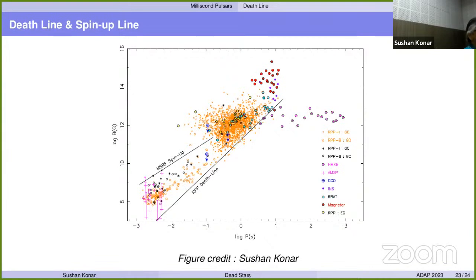So it will resist the material. So independent of whether the material is falling all over the surface or on the polar cap, the same mechanism would happen. So this defines a limit to the accretion rate. And this is called the Eddington rate of accretion.